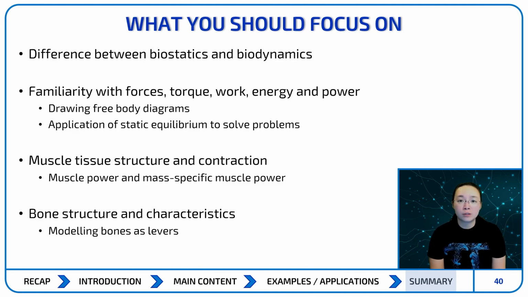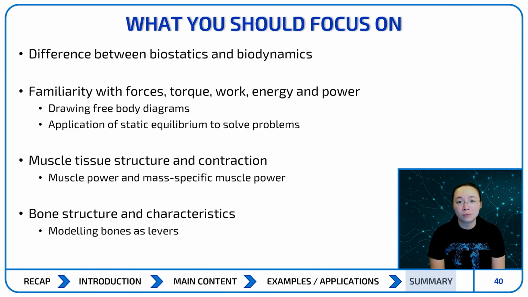Next, we talked about muscle tissue. Definitely know what muscle tissue's structure and composition is. Know its method of contraction, with all of the steps from sending a signal from your brain down to stopping the contraction. We also talked about muscle power and mass-specific muscle power.